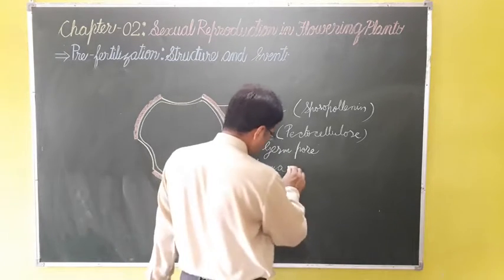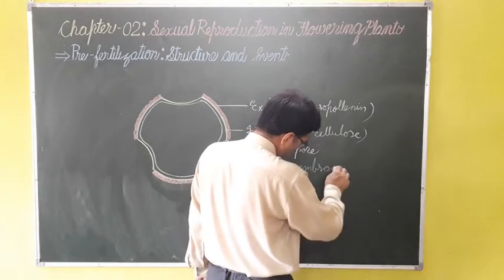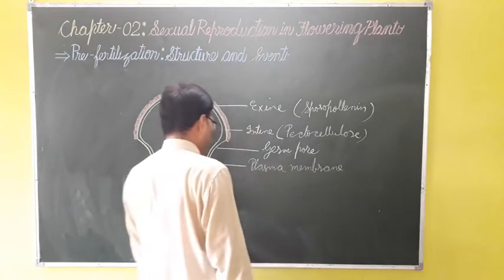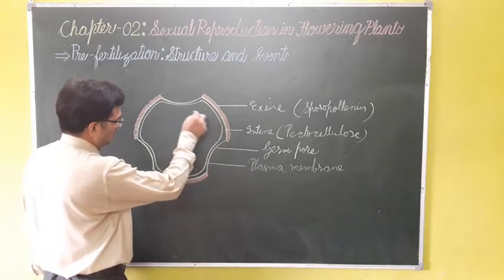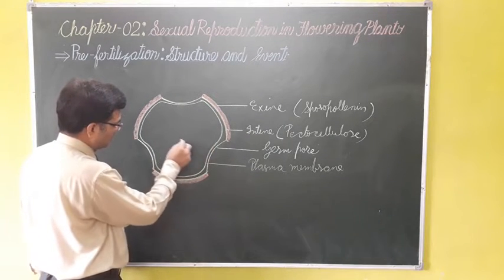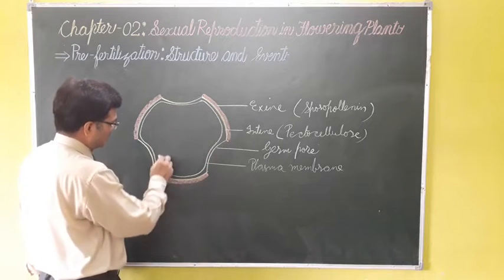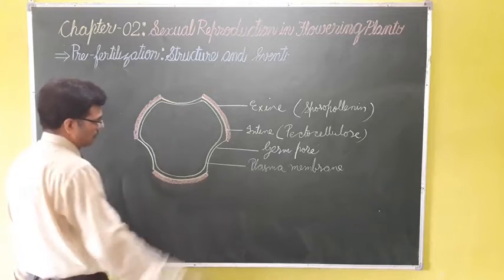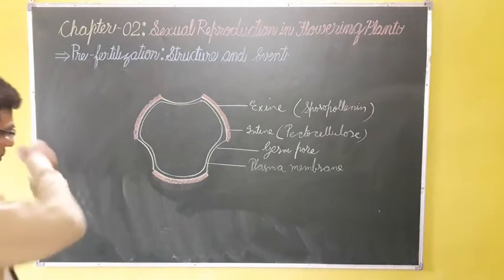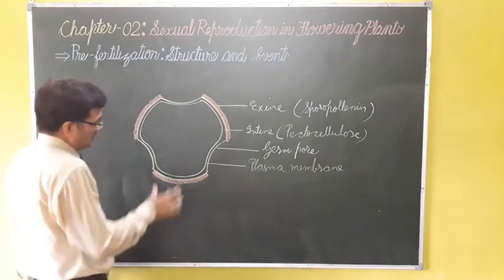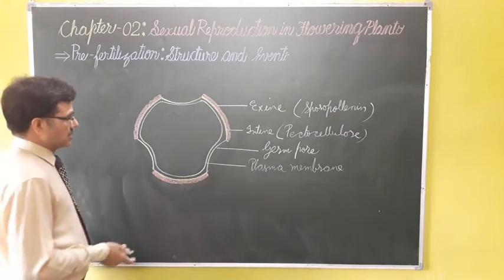Now, the area occupied by the plasma membrane is filled with liquid, and that is called cytoplasm. Now, this cytoplasm is differentiated into two cells.